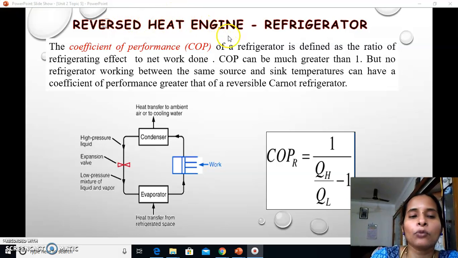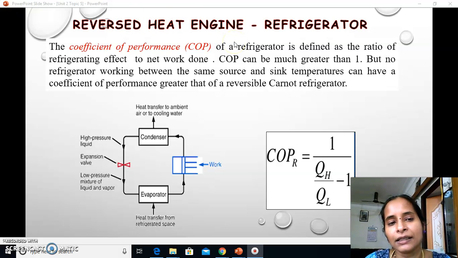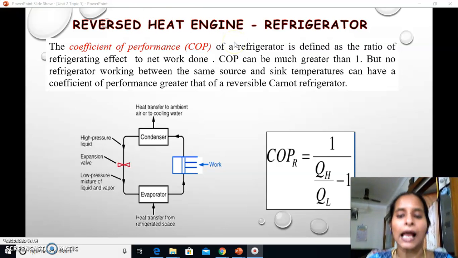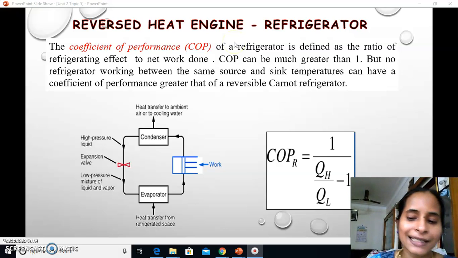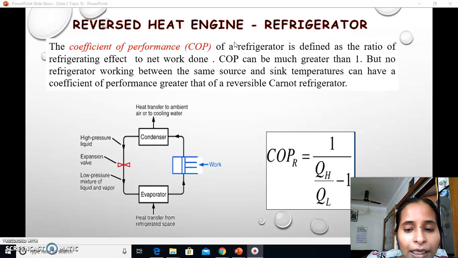Why the word reverse comes into play is that we already discussed that the second law of thermodynamics insists only on direction, the direction of energy flow, whether it is spontaneous or non-spontaneous.